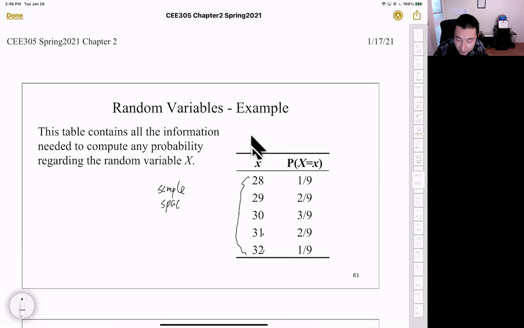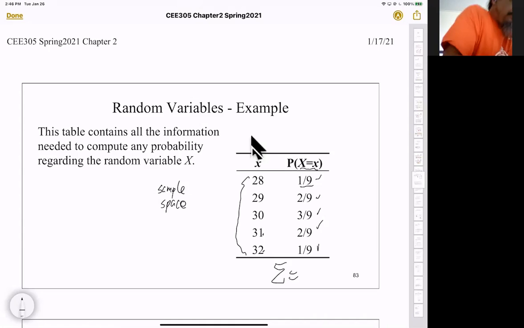So P(X = 28), the probability is 1 over 9. We also make sure all the probabilities added together equal 1. It has to equal 1, otherwise something is wrong.